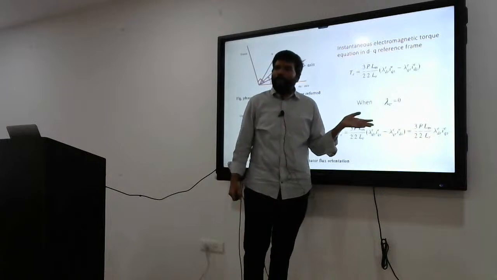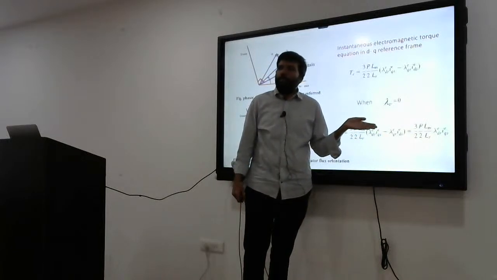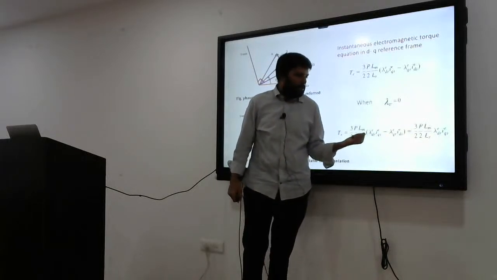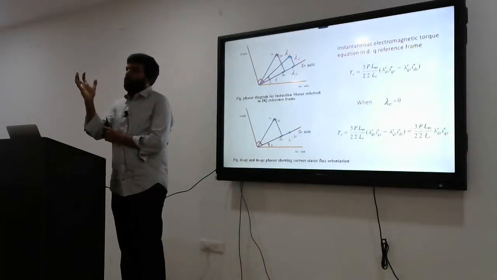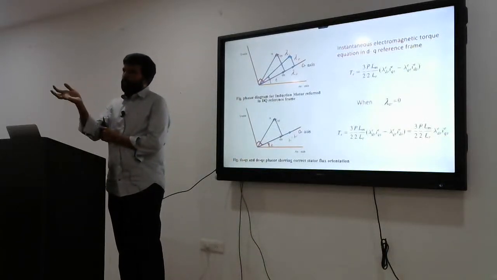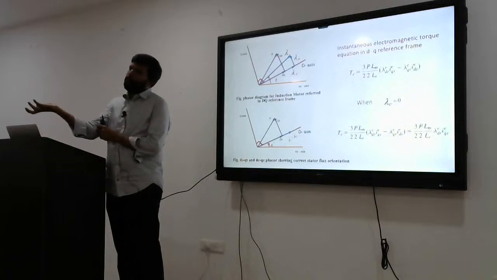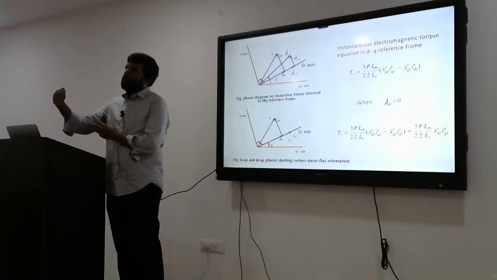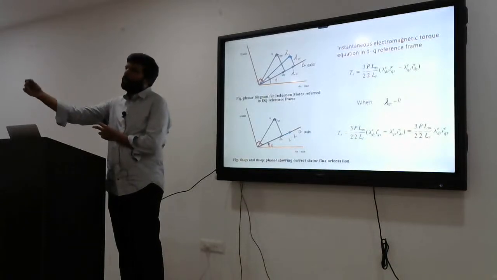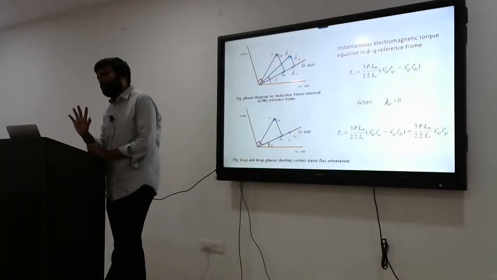This is why it is called an advanced speed control method. We are getting this by controlling the position of the reference flux. Finally, by bringing the reference flux in phase with the actual flux, the torque profile of the induction motor changes from 7th order to 1st order. That is the advantage.